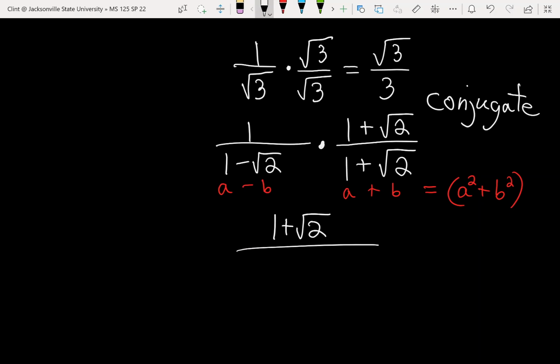You could do the FOIL method, this is a long way of getting it. That's some algebraic manipulation we can do anytime we have a radical involved.